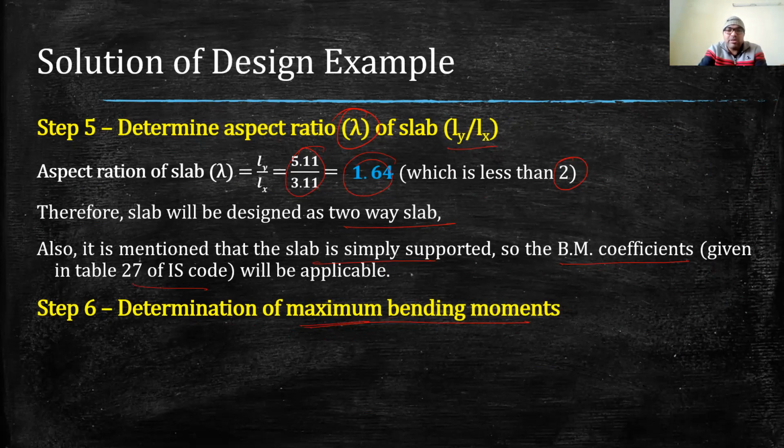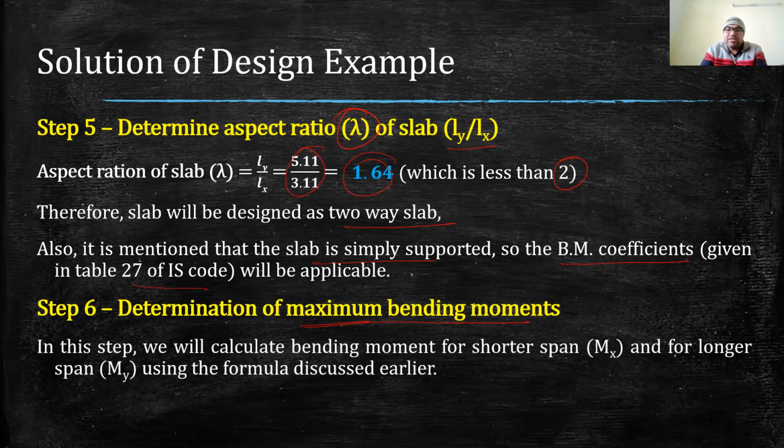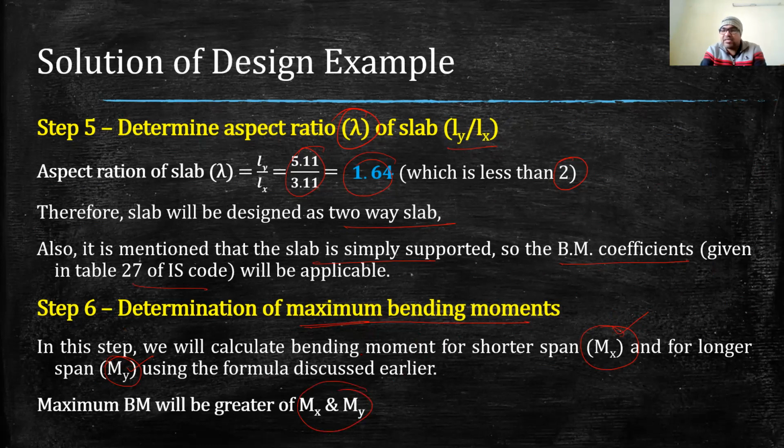It will be the larger of Mx and My. We will calculate Mx, which is bending moment along the shorter span, and My, bending moment along the longer span. So maximum bending moment will be the larger of Mx and My, as I said.